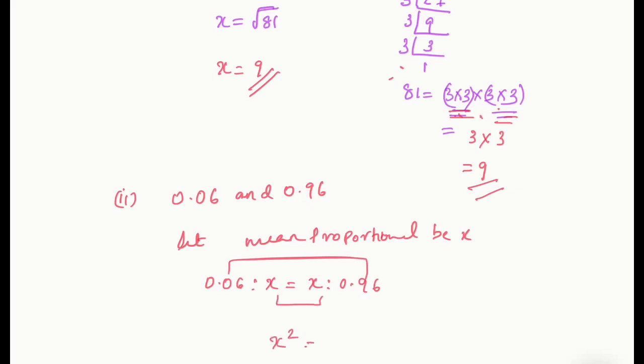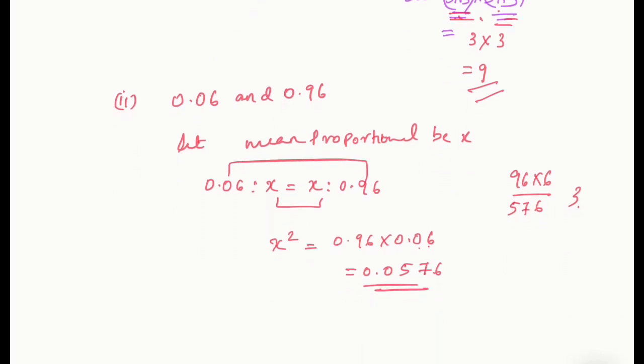So x square equals 0.96 into 0.06. 96 into 6: 6 6s are 36, 6 9s are 54 plus 3 is 57, so 576. 1 2 3 4 decimal places. So x square equals 0.0576. So x equals root of 0.0576.